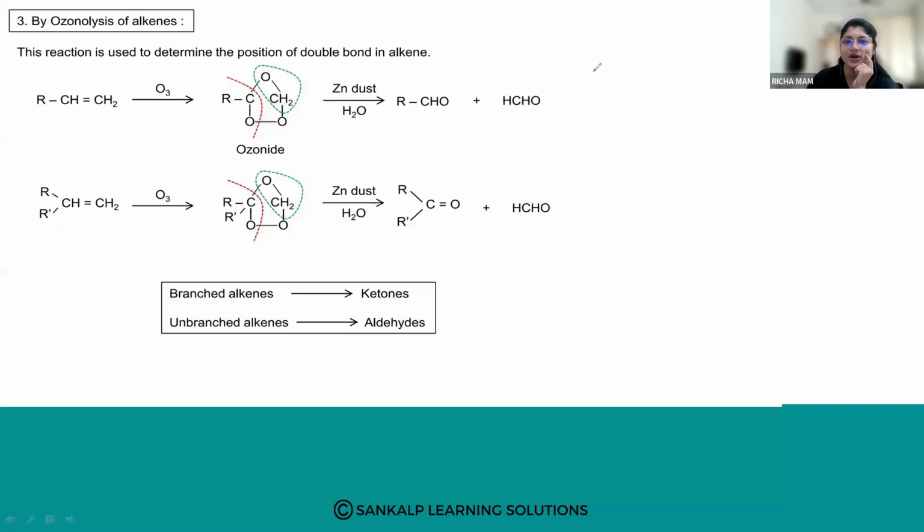So R, C, R, H double bond CH2 plus O3 molecule. When we add this O3 molecule, the rest of the molecule will be the same. So I'll write it like this, CH2, then O, and so on.